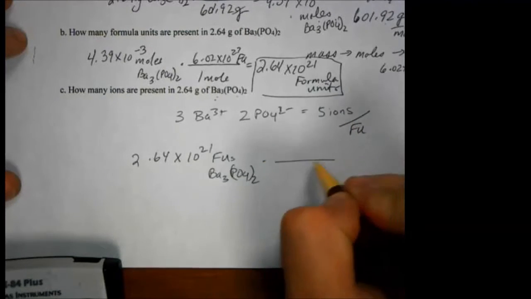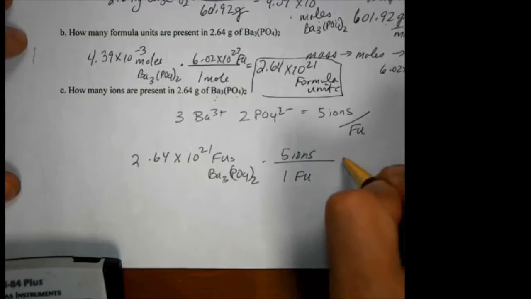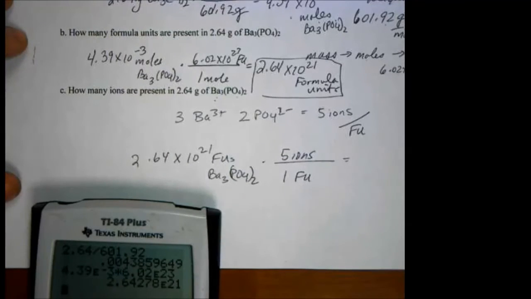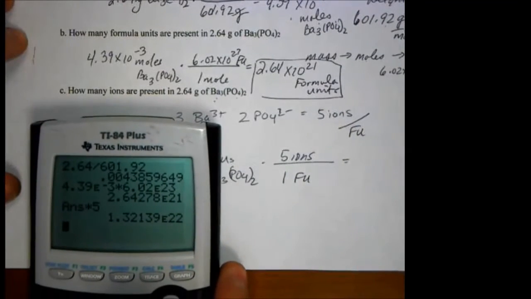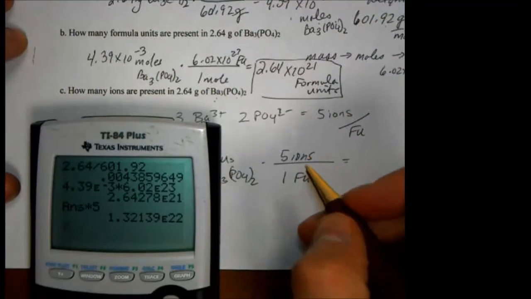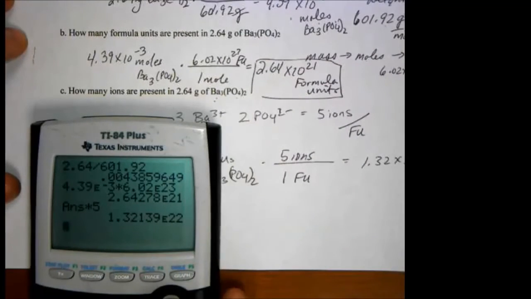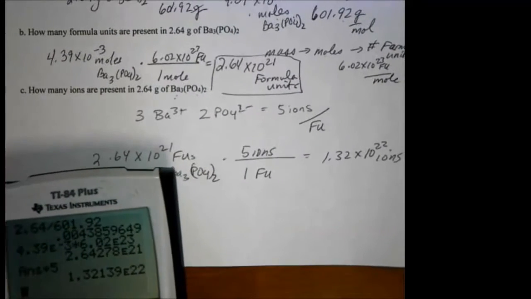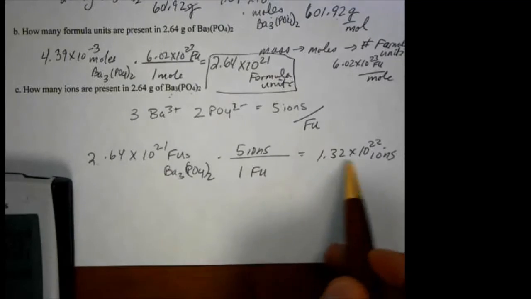So for every 1 formula unit, we have 5 ions, and that is going to give us 1.32 times 10 to the 22nd ions. Okay. There you go. 1.32 times 10 to the 22nd ions. Again, making sure that you have the correct number of sig figs.